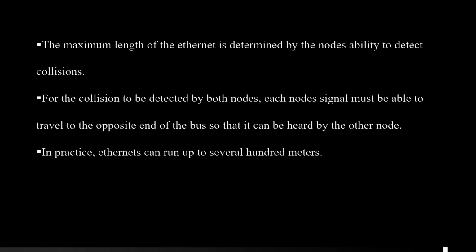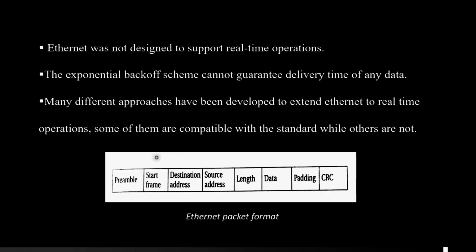The distance that the signal can travel should be considered for building the Ethernet. In practice, Ethernets can run up to several hundred meters. So, finding the length of the Ethernet is an important factor for its proper functioning.